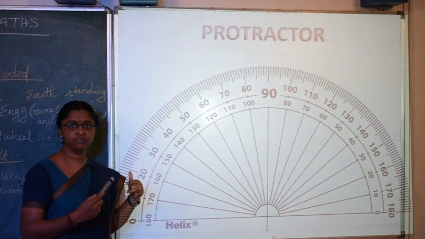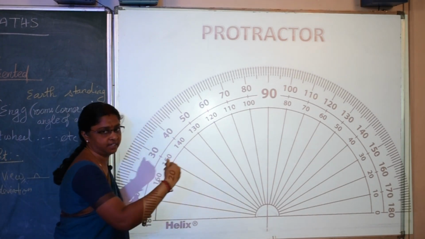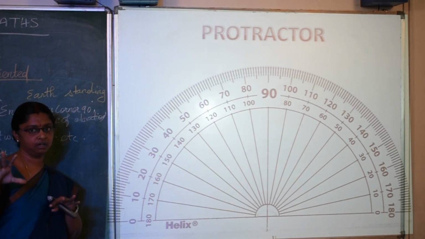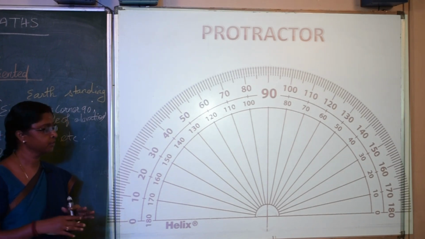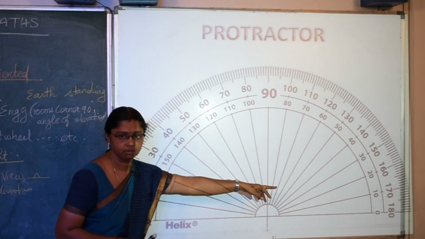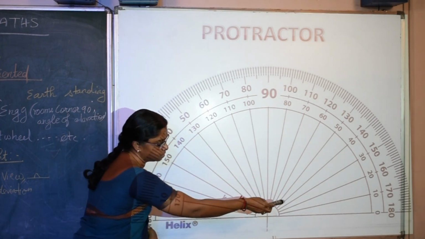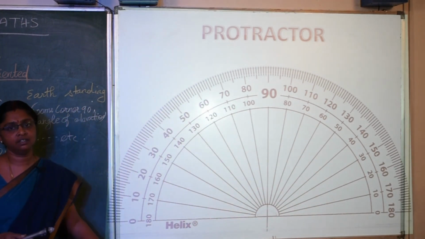But when we measure the angle, we should start only from the right side. That's the main mistake we are making, so stop doing that. Start from the right side, 0 degree, and take the measurements from that point.